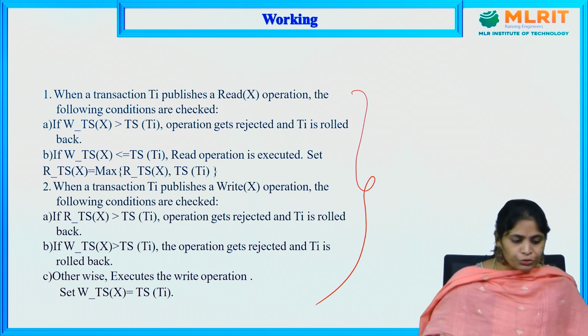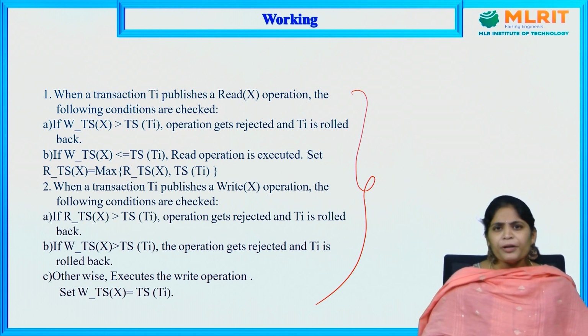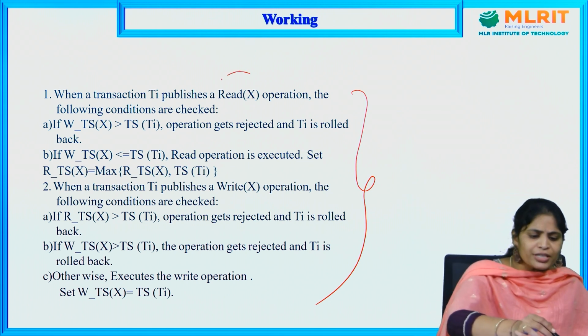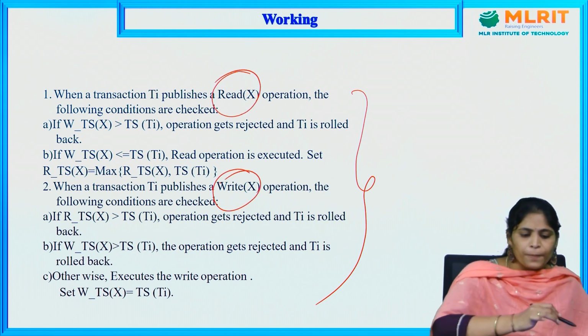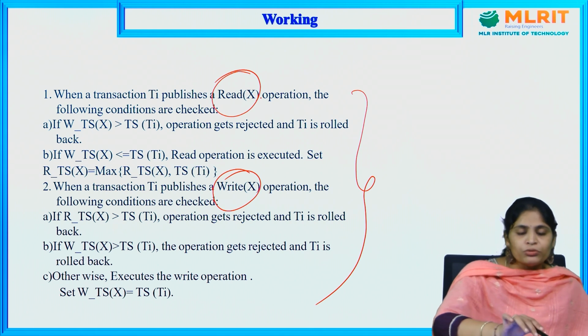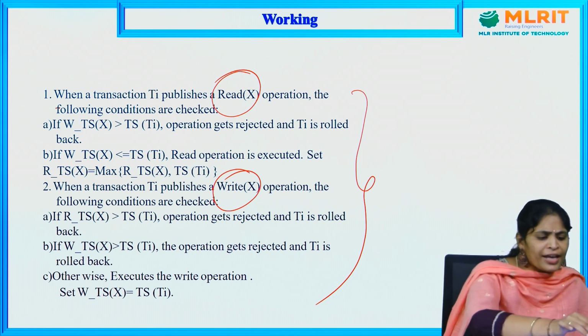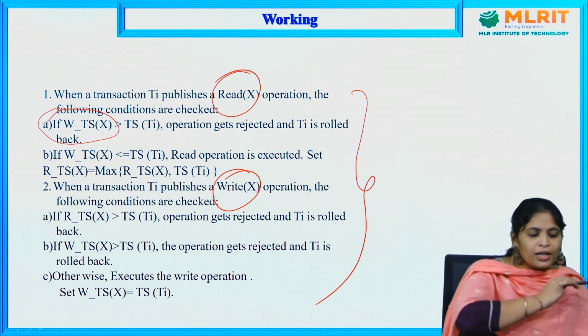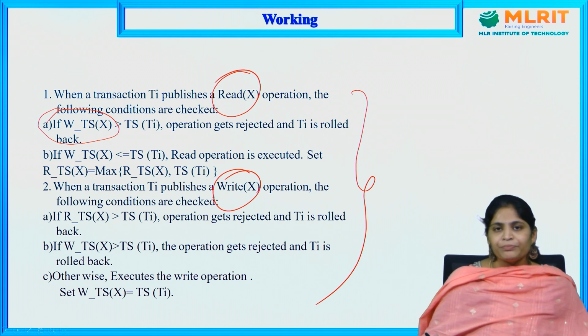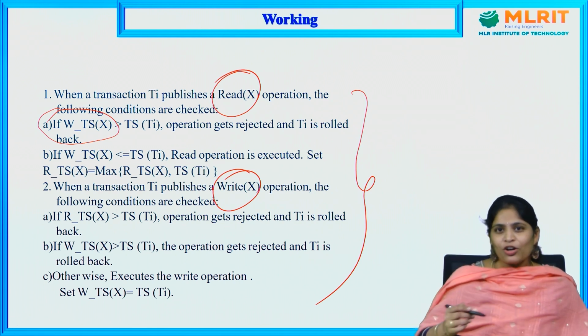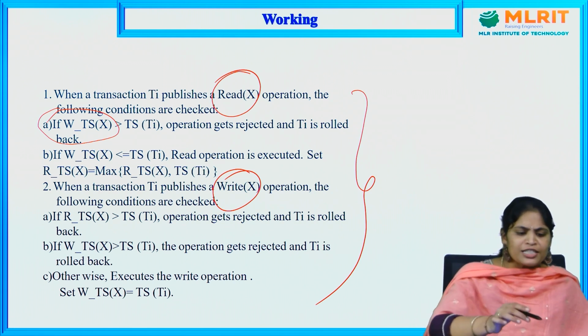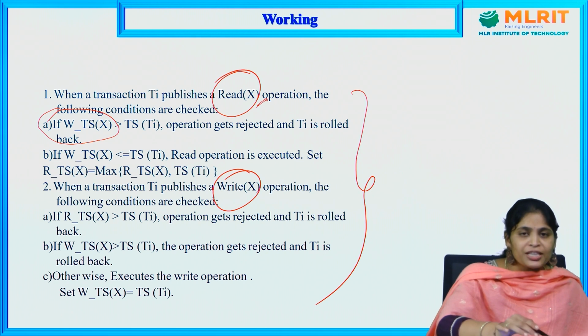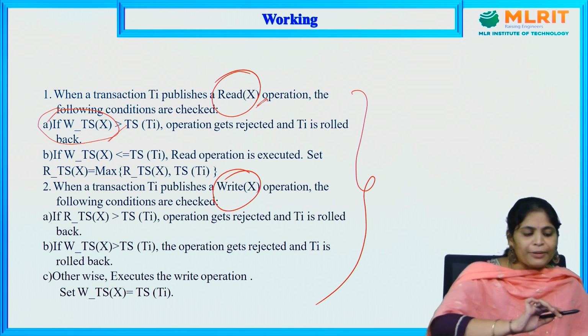We need to do how many operations? Read operation and write operation. So this is for the read operation and this is for the write operation. If a transaction wants to do a read operation, then we have to check the write timestamp, because read-write is a conflict pair.